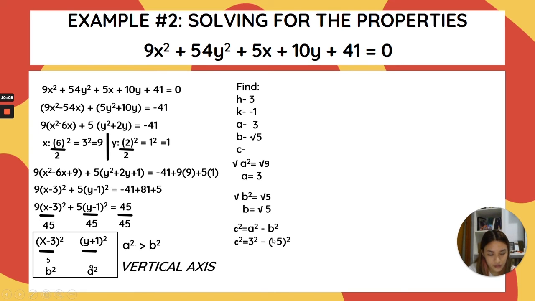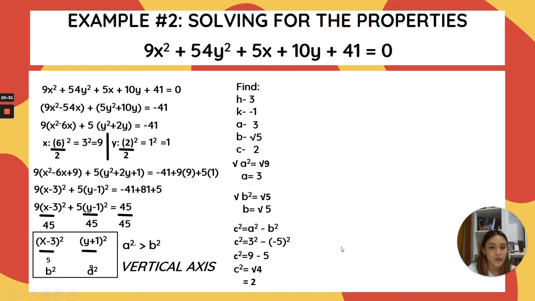So now we have c squared is equal to 3 squared is 9, and then we now have minus 5. Simplify, c squared is equal to 4, and then look for the square root of 4, it will be 2. Our value for c is 2. Now we have completed the values of h, k, a, b, and c.